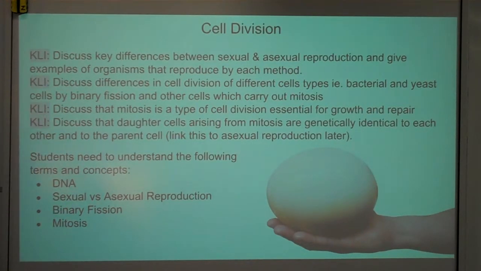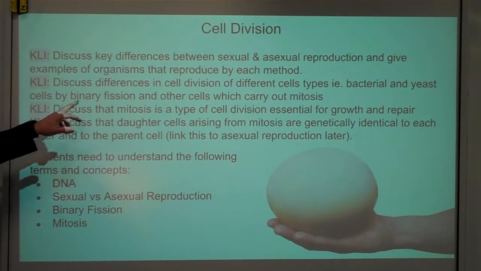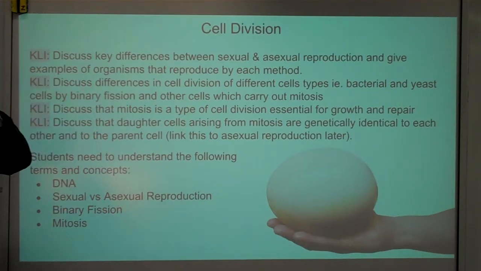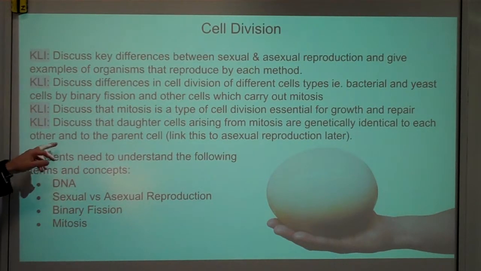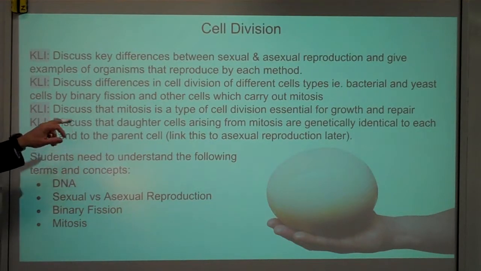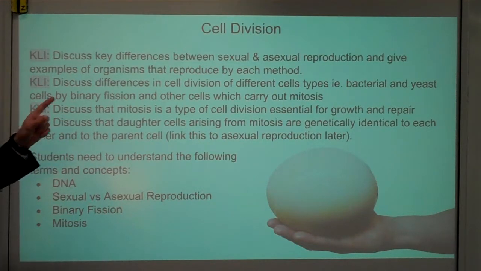Okay, the key learning intentions are there. You need to know what sexual and asexual reproduction are. You need to know a little bit about binary fission versus mitosis. Discuss that mitosis is a type of cell division for growth and repair, versus binary fission, which is for reproduction.